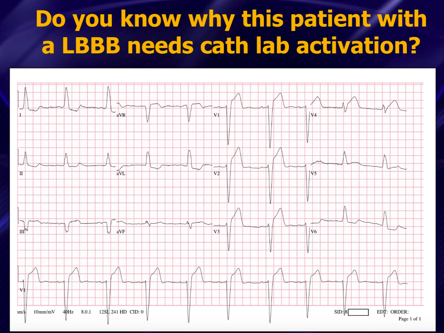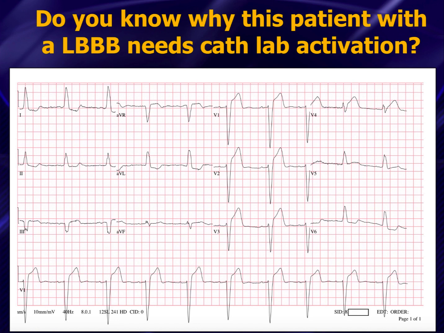Take a look at this. This patient comes in with acute chest pain, and as you can see, this patient has a left bundle branch block pattern. Most of us learn that you can't diagnose ischemia in the presence of a left bundle, but actually this is diagnostic of a particular finding, which predicts that this patient needs lytics right now or needs to go to the cath lab. We're going to talk about the Sgarbossa criteria.